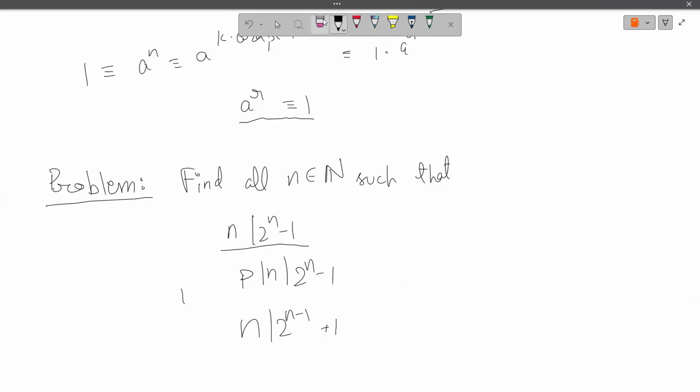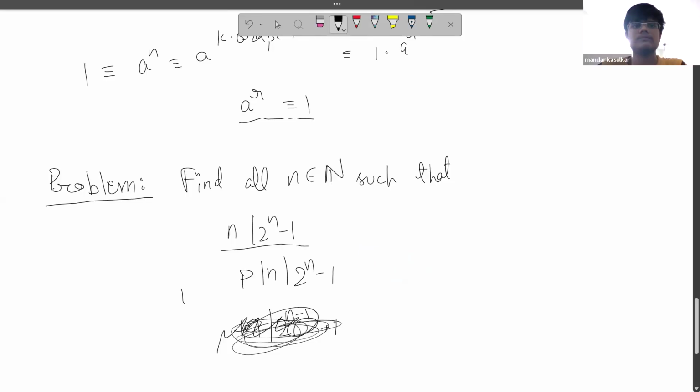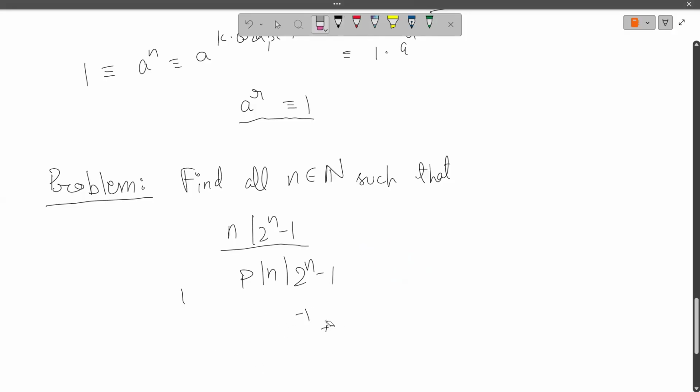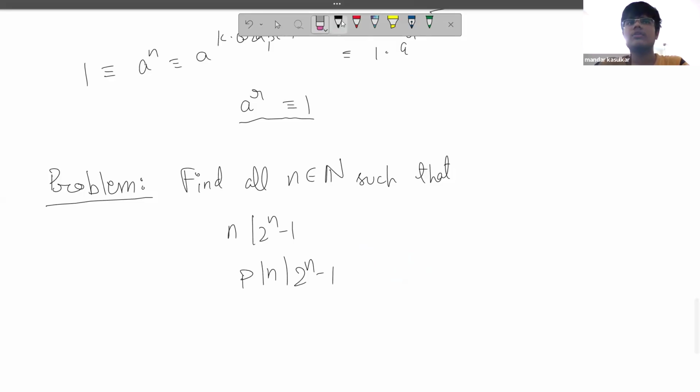So the order will have to divide the GCD of p minus 1 and n. Yes, that is indeed correct. So what he's saying is that take a prime P that divides n. So we get that P divides 2 raised to the power n minus 1.